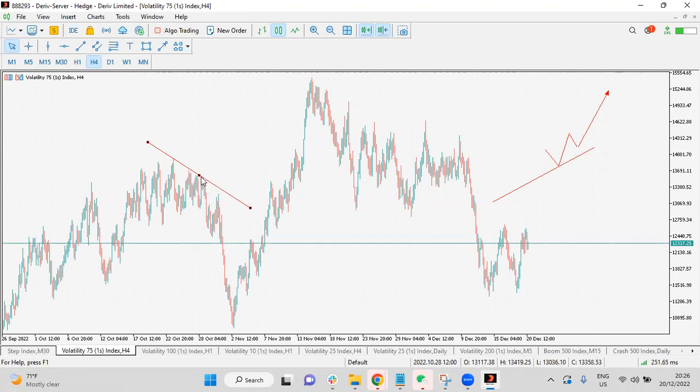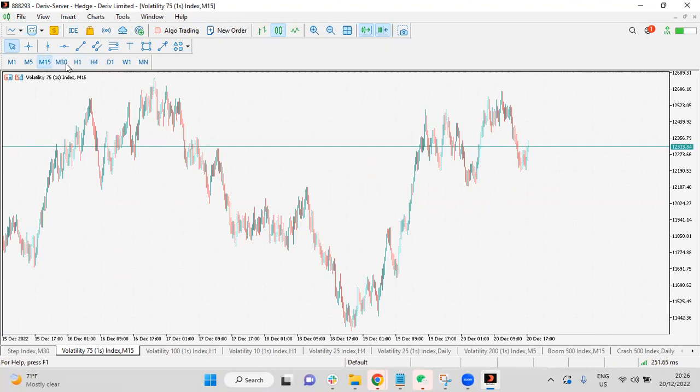But now, sometimes you're not able to see the pattern more clearly on one time frame. So what do you do? You can look at different time frames. And if you are a small account holder, and I know the majority of us are, trade usually between 15 minutes and a maximum of 4 hours.